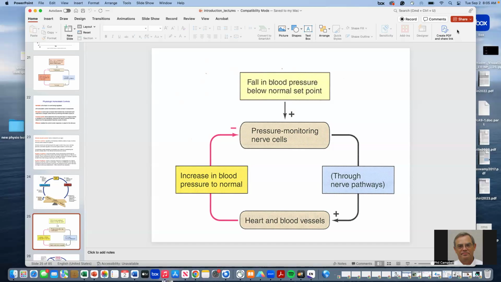This will elicit a number of nerve activation steps, which will result in an increase in heartbeat and heart contractility. It can induce vasoconstriction of certain blood vessels. The net effect is to increase blood pressure. When this approaches that preset value, you have negative feedback, so you don't overshoot. And therefore, we can maintain this dynamic equilibrium of blood pressure. So this is another way of presenting that.